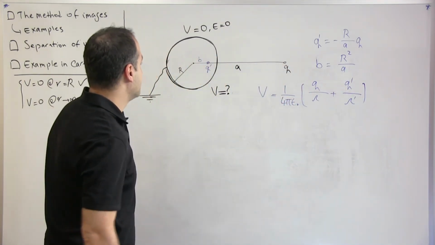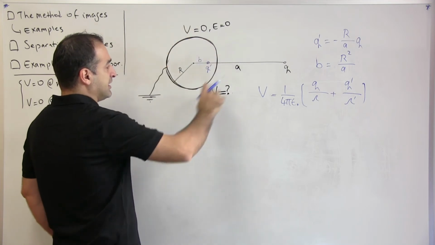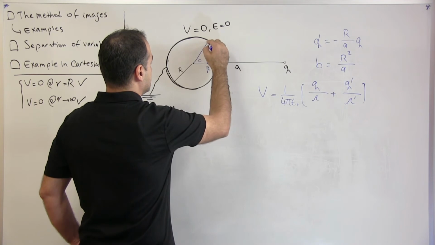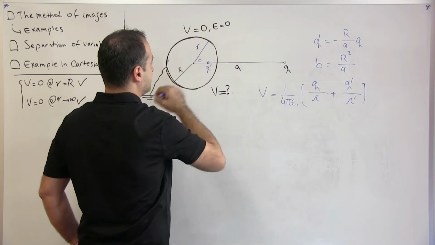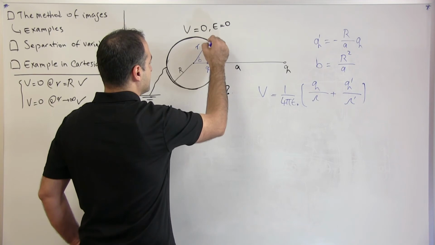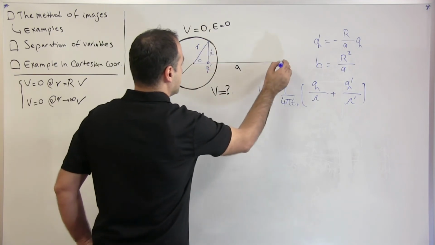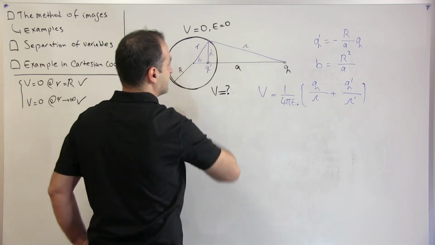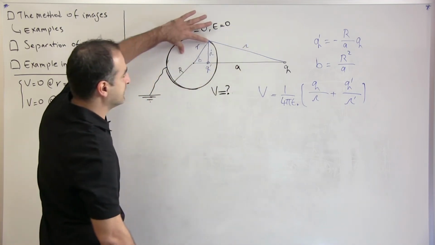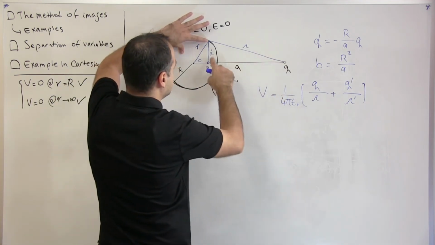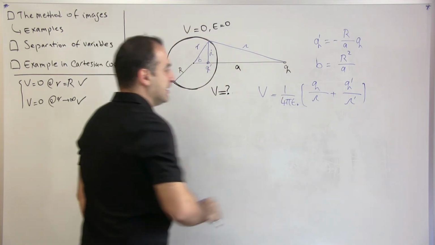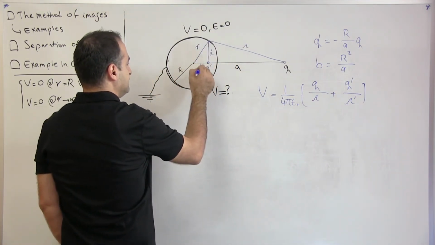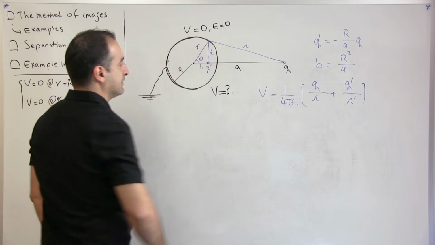If we go around the surface here, and this is R, this distance becomes R prime, and the distance from the charge Q is R. If you're right here, the distance from Q is R, the distance from Q prime is R prime, and R prime can be written in terms of the value of B and this angle theta.